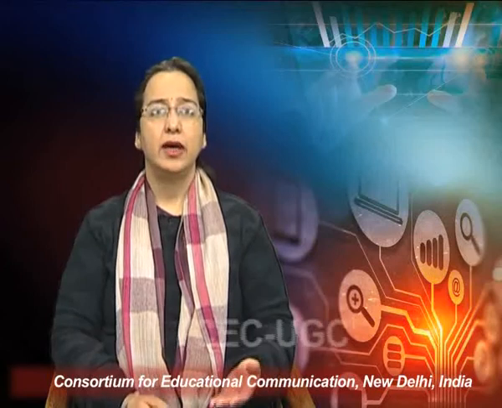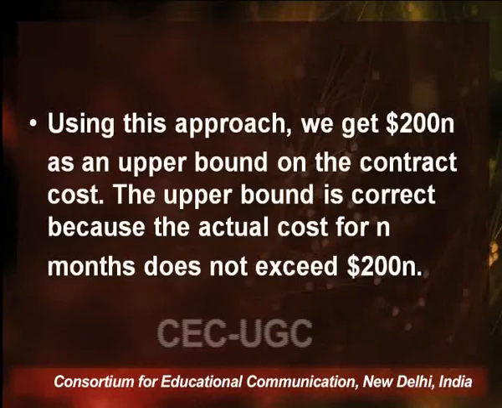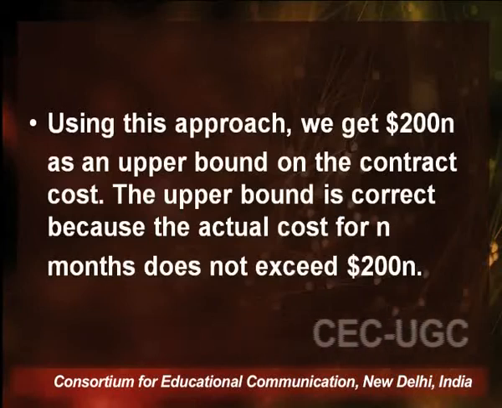The answer here using this approach is $200 multiplied by n, or 200n, as an upper bound on the contract cost.